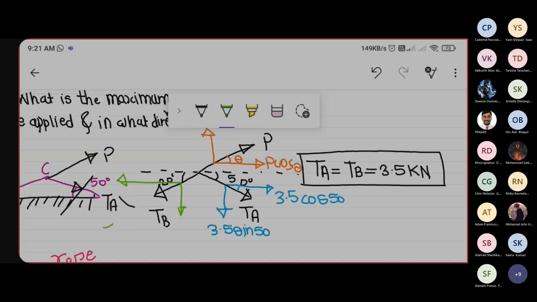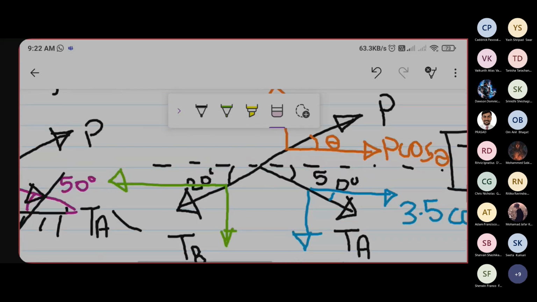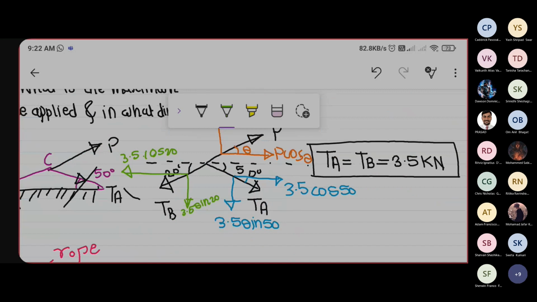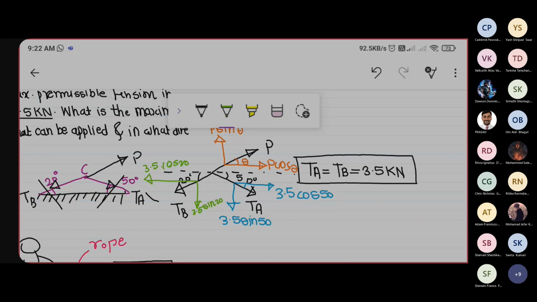TB also is equal to 3.5, so we can write 3.5 cos 20 and 3.5 sin 20. So we have resolved our forces. Now we can use summation Fx and summation Fy.